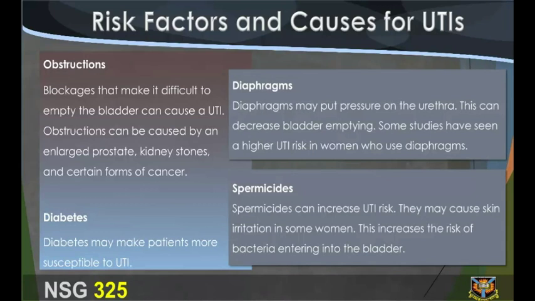Obstructions. Blockages that make it difficult to empty the bladder can cause a UTI. Obstructions can be caused by an enlarged prostate, kidney stones, and certain forms of cancer.